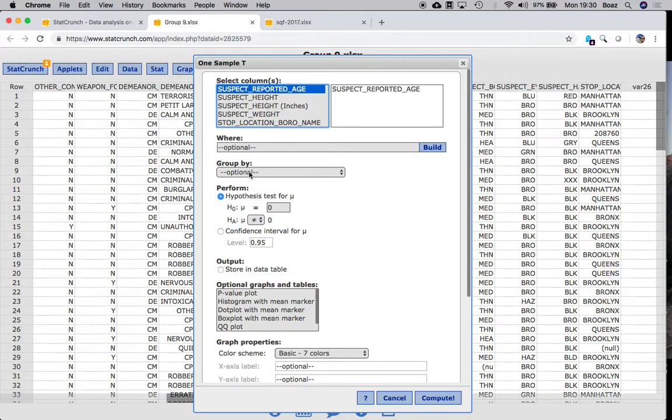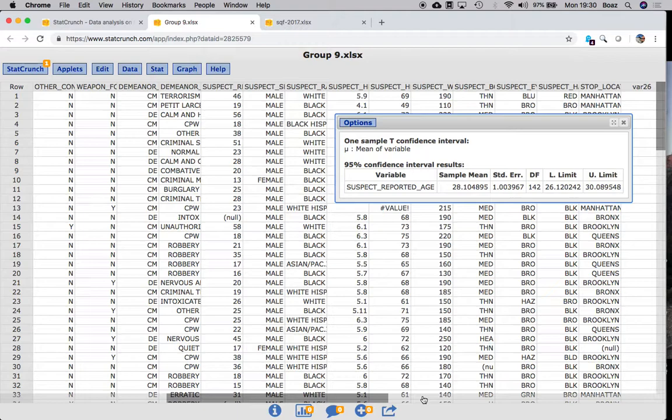We can break it apart by sex if we wanted to, or by race or other things. But if I look at a confidence interval for mu, the population mean of all people stopped, based on what we see in our sample, and we hit compute, then what we see here was that our sample mean was 28.10 years old, and that the confidence interval we'd have would be from 26.1 up to 30.1 years of age.